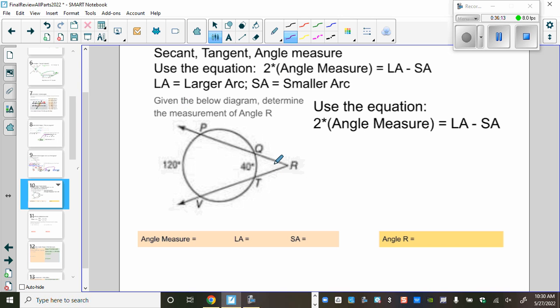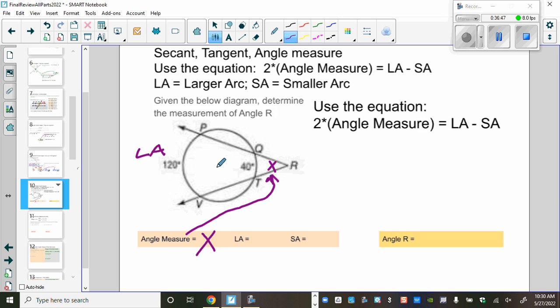Well, do we know what angle R is? So what can we always do to indicate something we don't know? A variable, so we can use an X. So there's our angle measure, that's the X. Now, what's our larger arc? 120 is the larger arc.